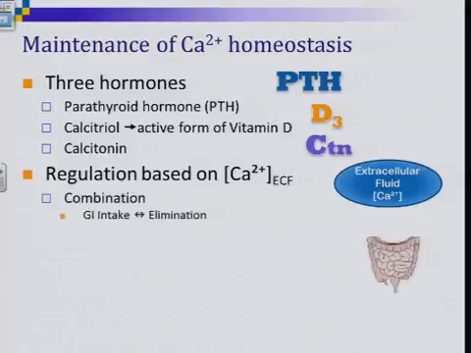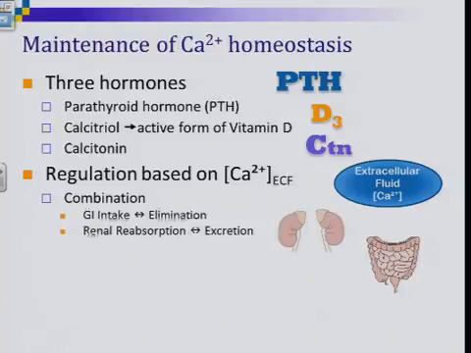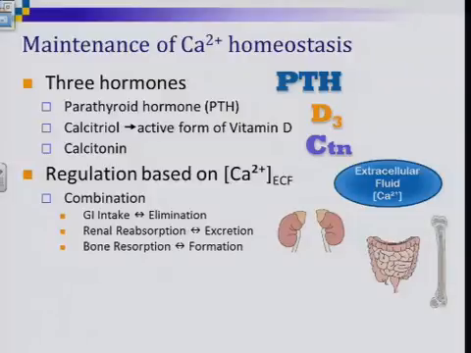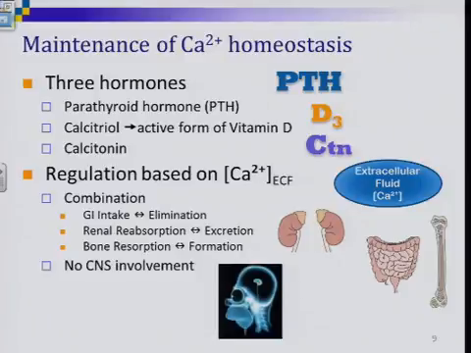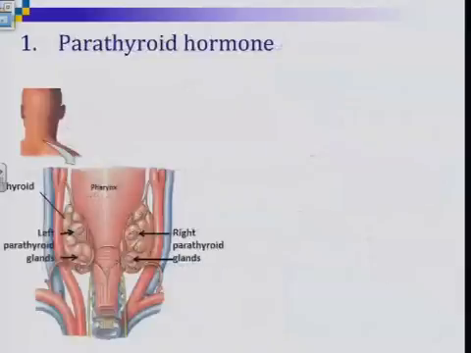In combination, they control the intake versus elimination ratio in the GI, renal reabsorption versus excretion, and bone resorption versus formation. There's no CNS involvement here. Okay, this is far too important a system and far too delicate a system to have any central involvement. It has to work or you die, pretty much.